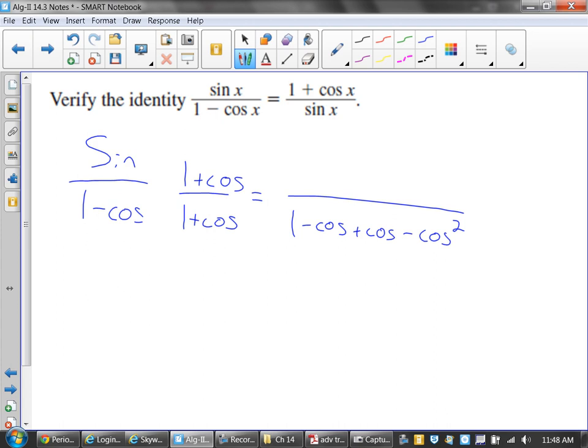They go away. So now I have sine times 1 plus cosine over 1 minus cosine squared. Back to the 1 minus cosine squared, that mirrors one of the trig identities. It equals sine squared.